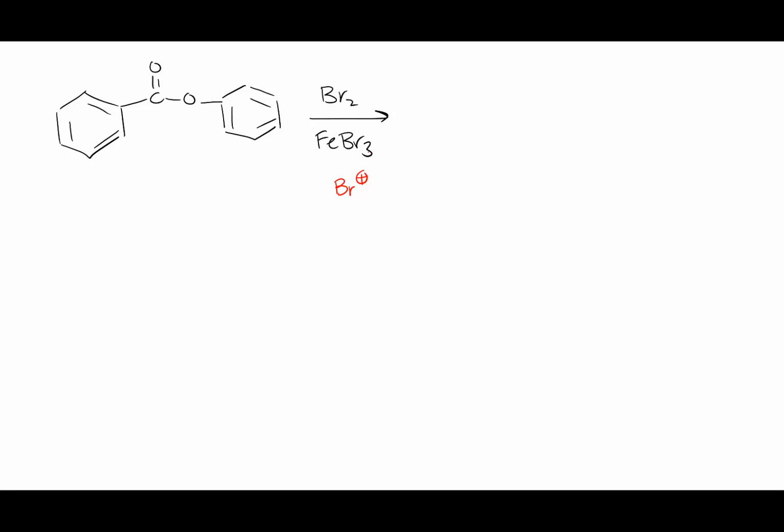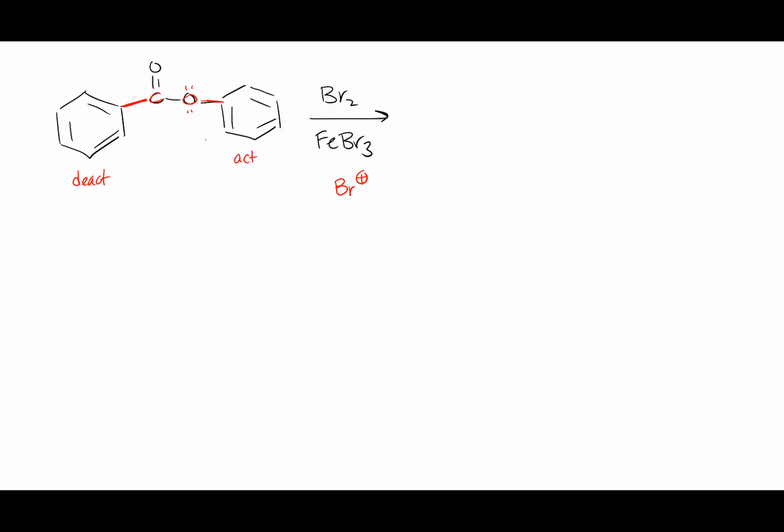If you said the ring with the activating group attached, you were correct. The carbonyl group over here is attached to the ring, and that ring is going to be deactivated, whereas the oxygen that we just saw is attached to this ring. That's going to activate the ring, which is going to make it react faster. So I am going to add the bromine to the activated ring.